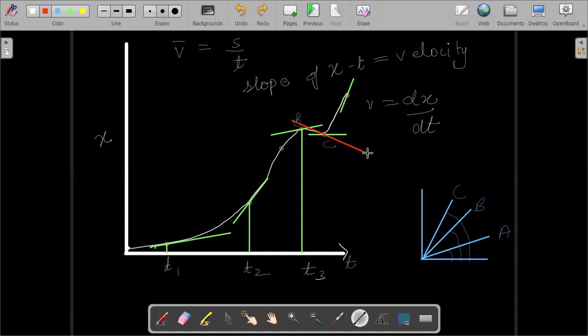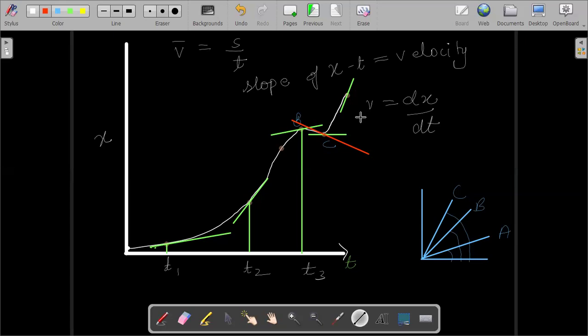So during the region BC, the vehicle is having a negative velocity. Again, it increases. So at this point, again the tangent is becoming almost vertical. So here also the velocity is maximum. So the same thing we can infer from the velocity time graph also. In the same way, if you have a velocity time graph, then also you can infer the same things.